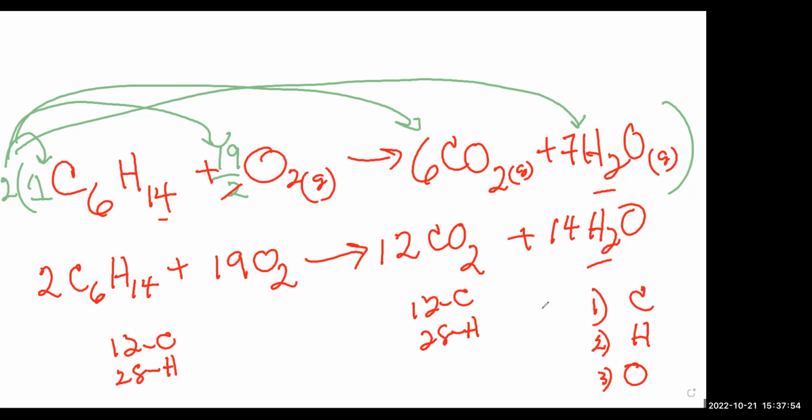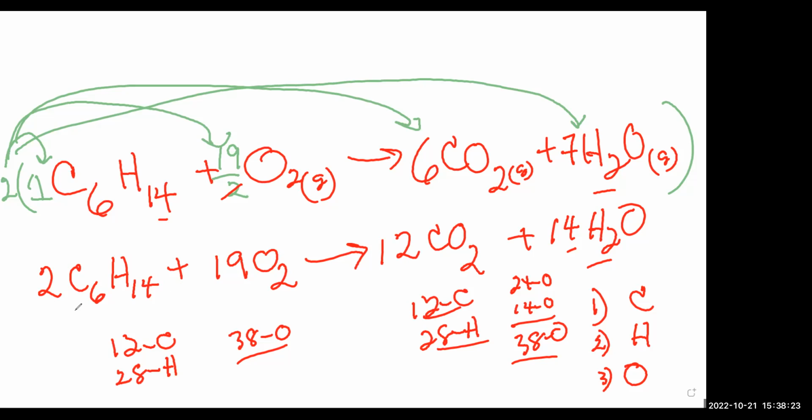So hydrogens are good to go. Okay. For oxygens, I have 19 times 2, isn't that 38 oxygens? Right? Well, over here, I got 24 oxygens coming from carbon dioxide, and then I got 14 coming from water, so I got a total of 38 oxygens, and everybody is happy.